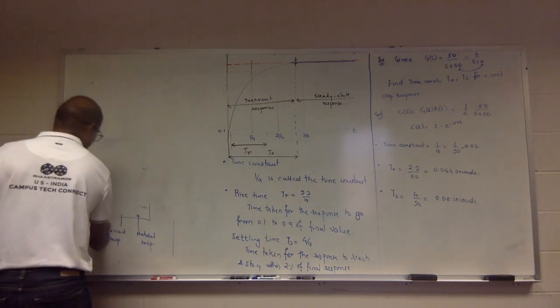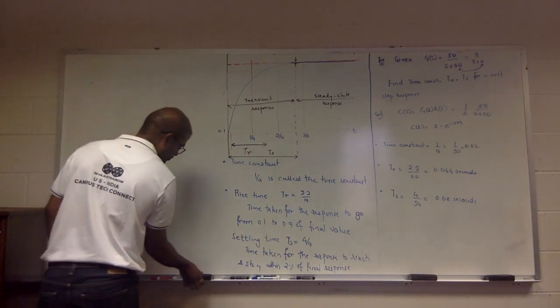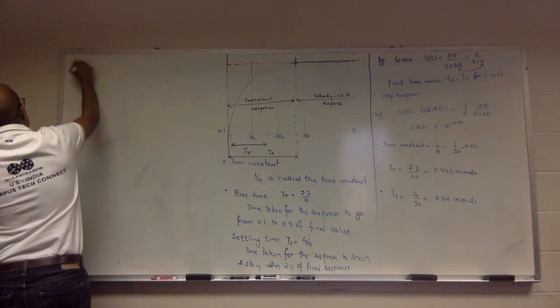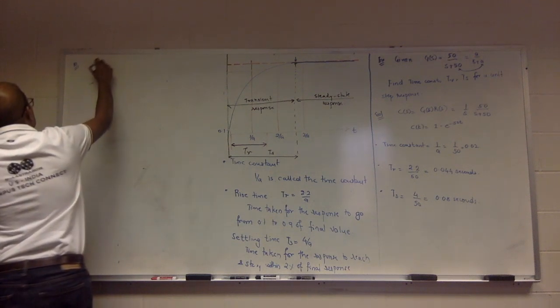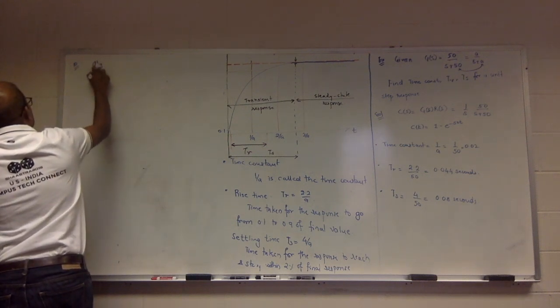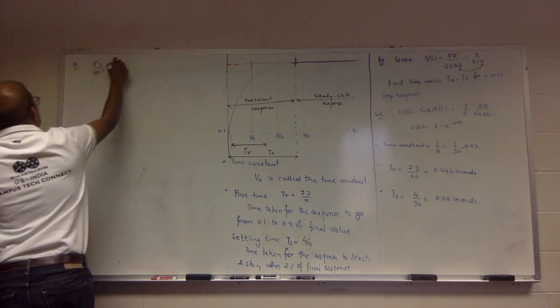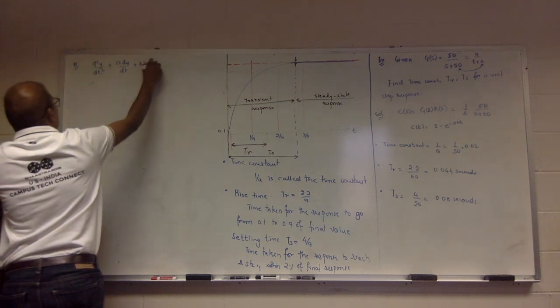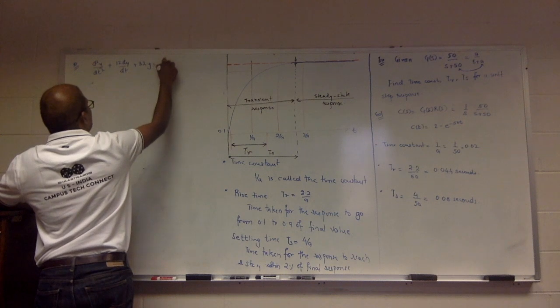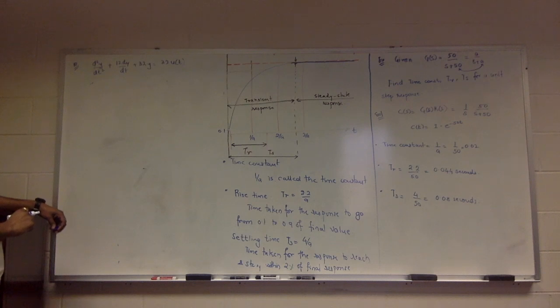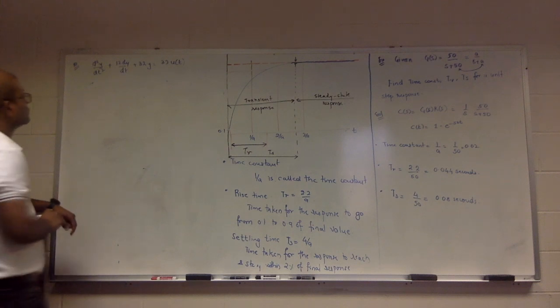The given function is the second derivative d squared y over dt squared plus 12 dy dt plus 32y equals 32 u of t. You want the state space representation of this, right? And the output is y of t, right? Yes.